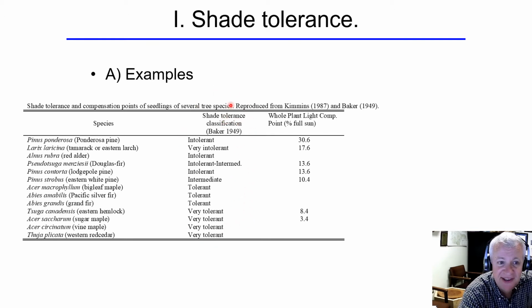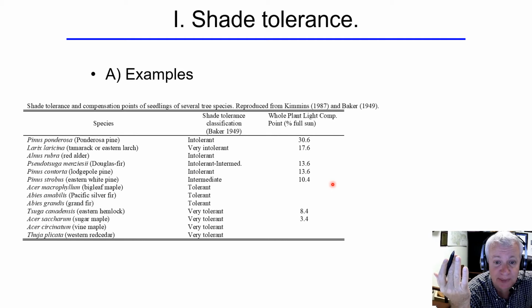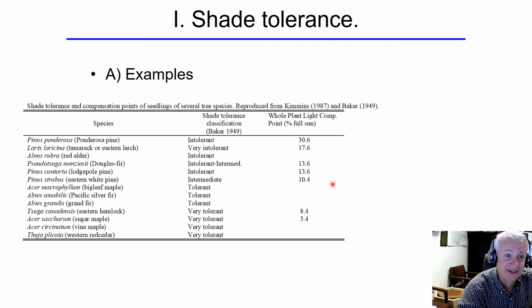But what you see is that certainly those differences, that variation, has some physiological basis. So here's some more recent data on these species, and that shows whole plant light compensation point.